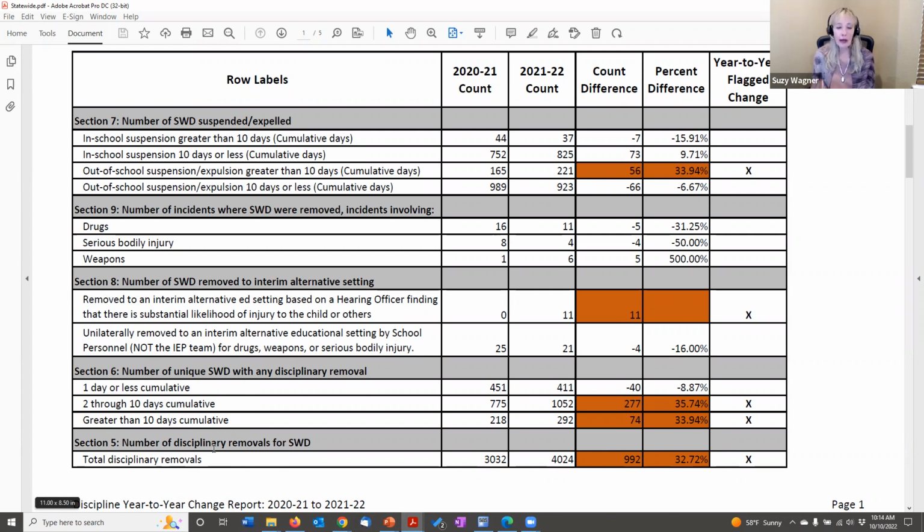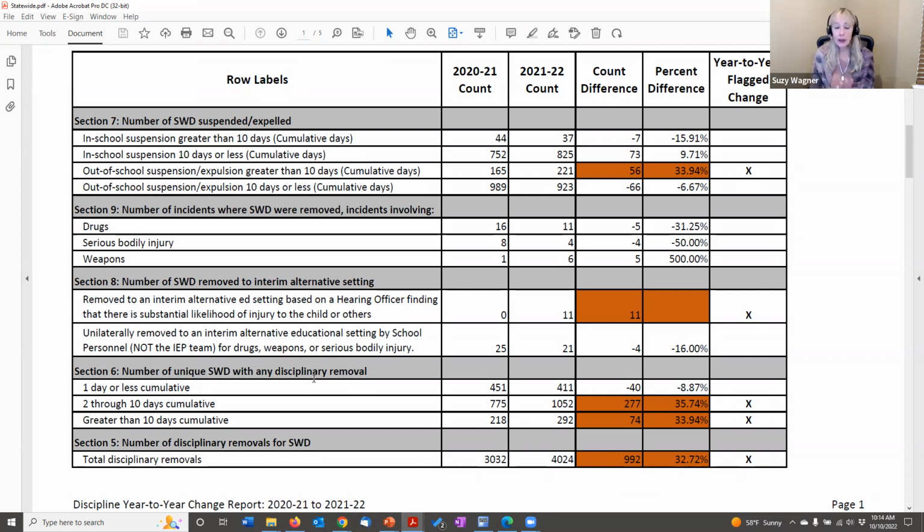We're not talking about unique students here, we're talking about total number of removals. So maybe one student with disabilities may have had 20 of these removals. And we can see that there was a large increase by 992 from 2021 to 21-22, which is a 33% increase.